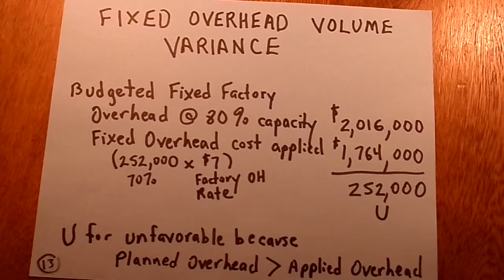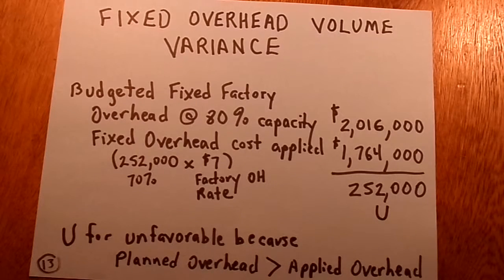And then we look at the fixed overhead volume variance. Here, although we only came in at 70% capacity, we were budgeting or thinking as if we were going to come in at 80% capacity. So we budgeted at $2,016,000 fixed factory overhead, and you saw that on the last slide as well. But this is a budget based on us operating at 80% capacity.